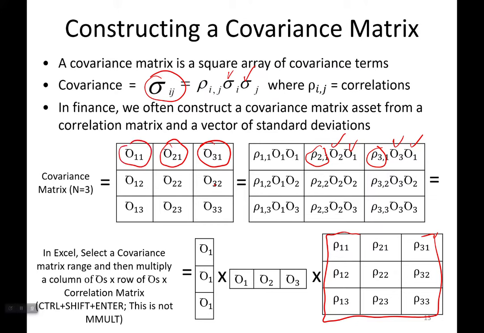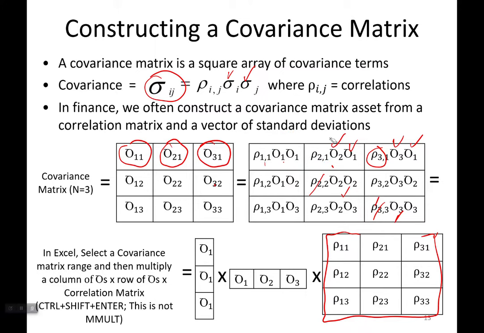What is 1 with 1? Well, it's the correlation between 1 and 1 times the standard deviation of 1 times the standard deviation of 1. Oh, by the way, the correlation between 1 and 1 is 1. And you can just rewrite this as sigma 1 squared. This is really just the variance of 1. So actually these fall away because they're 1s, and these are just variance terms.